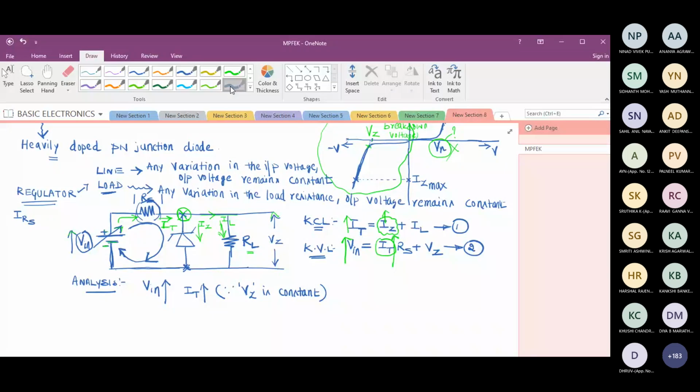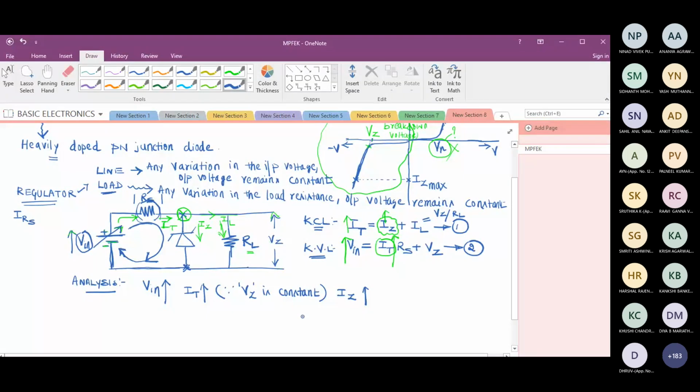It will remain the same. So I'll just mention here, since IL is VZ by RL, it remains constant. So what parameter is going to vary? IZ. So IZ increases. Are you getting it?